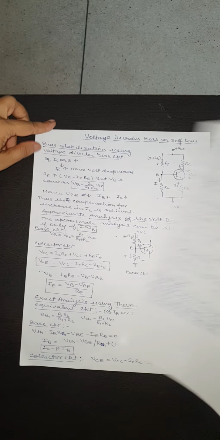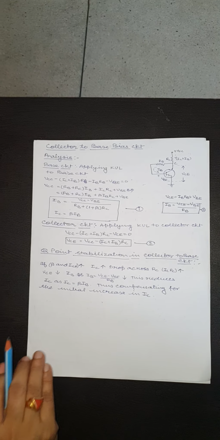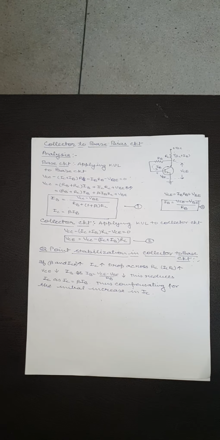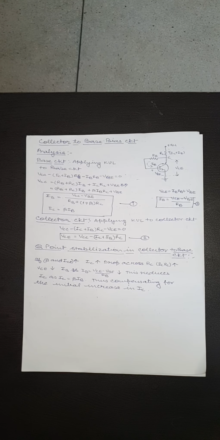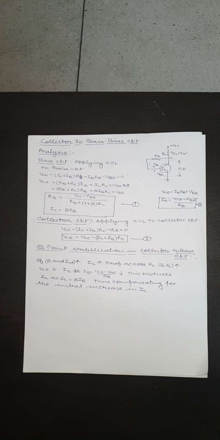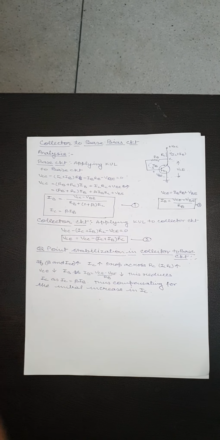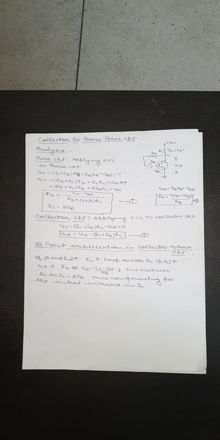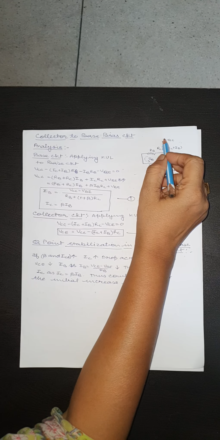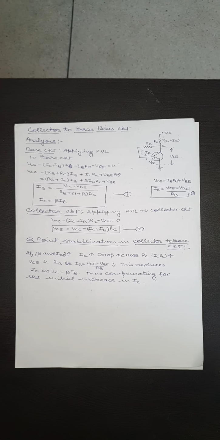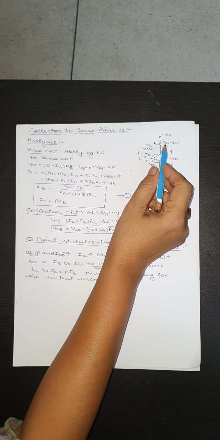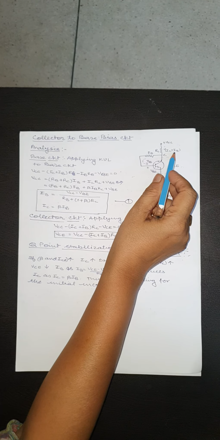Next biasing method is collector to base bias circuit. The collector to base bias circuit, which is an improvement over fixed bias circuit, is shown in figure, and the base resistor RB is now connected to the collector, not to the power supply VCC, and current flowing through RC is sum of IB plus IC.